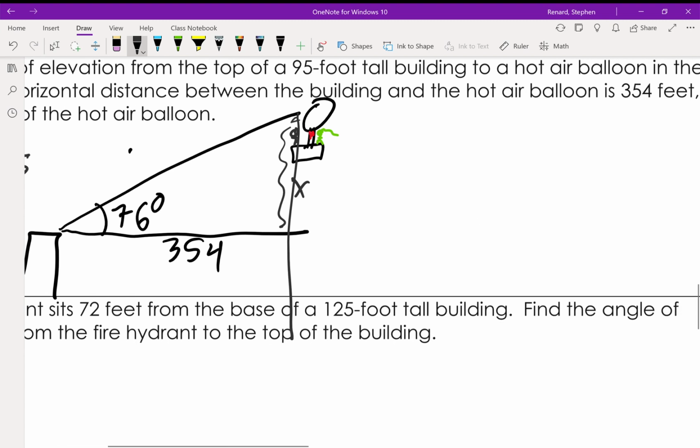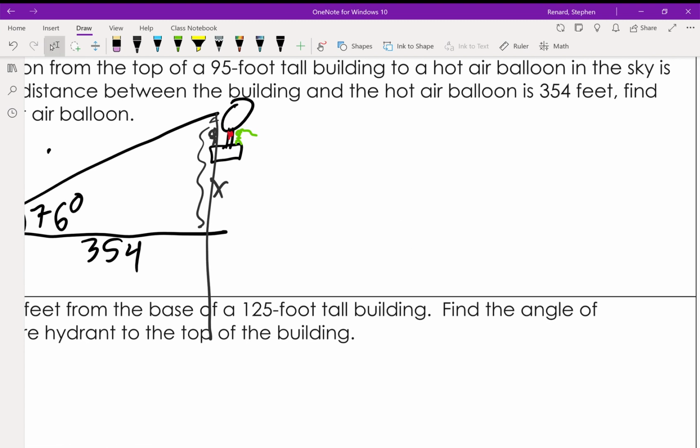So now that we have this, I can draw my little reference triangle. This is 76 degrees.